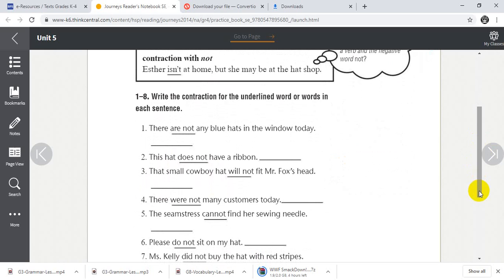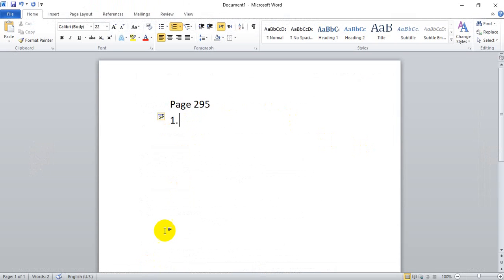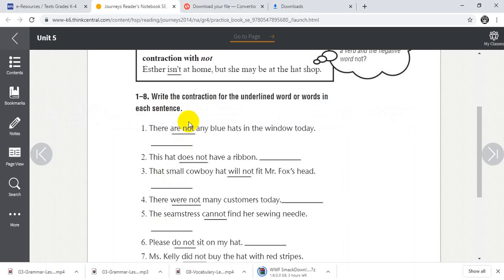There are not any blue hats in the window today. So we want to put are not into a contraction. It's going to be aren't, right? Are not, but we put an apostrophe instead of the O in not, so it became aren't. So there aren't any blue hats in the window today.